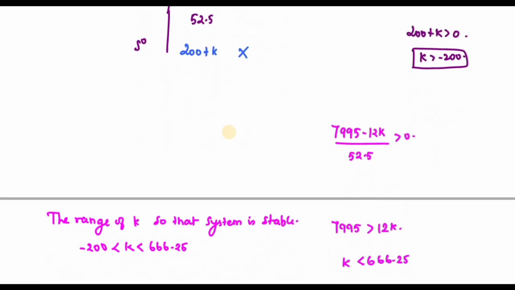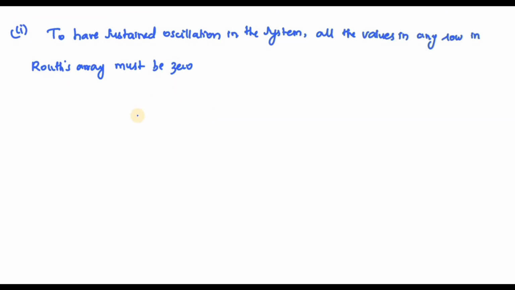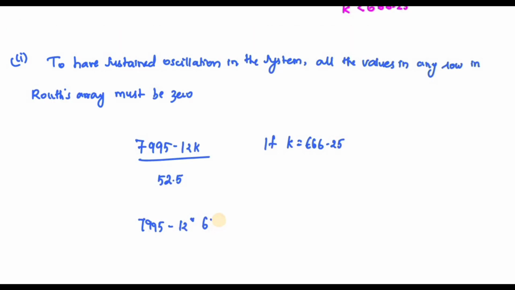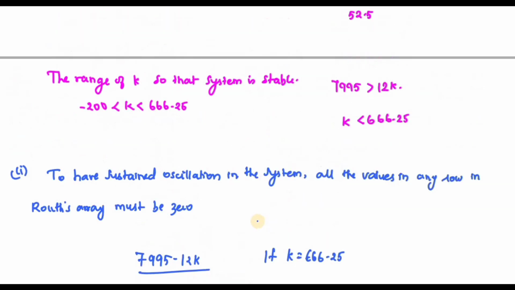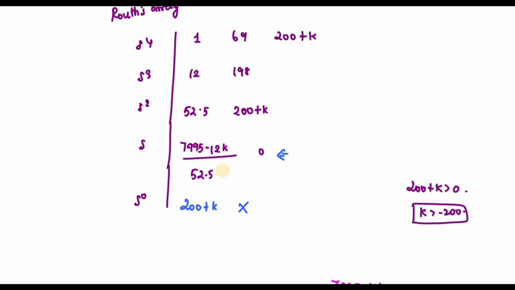So if I substitute K equal to 666.25 in 7995 minus 12K divided by 52.5, it becomes 0. So all the elements in the s power 1 row are 0.